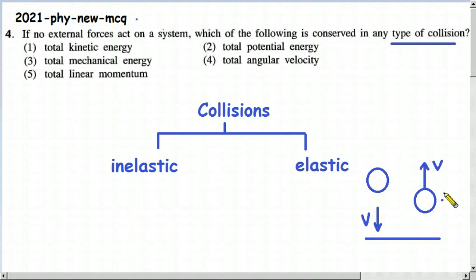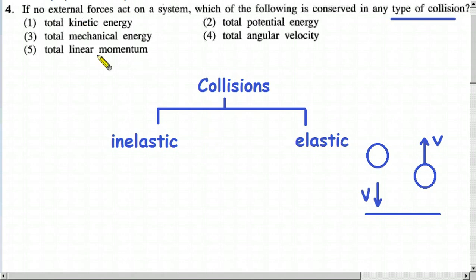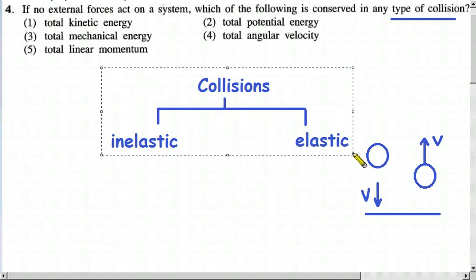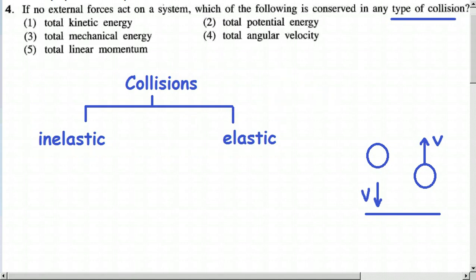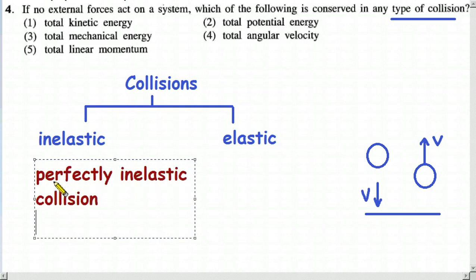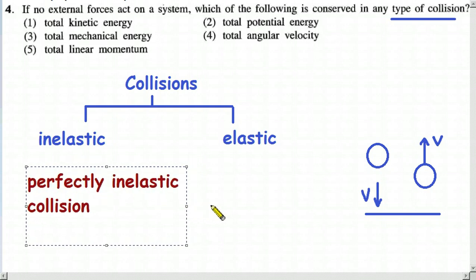If these kinetic energies are not equal, sometimes after the collision the kinetic energy may be zero, that sort of collisions are called inelastic collisions. Regarding inelastic collisions, there are some collisions that are perfectly inelastic. So there is a special condition, perfectly inelastic collisions.